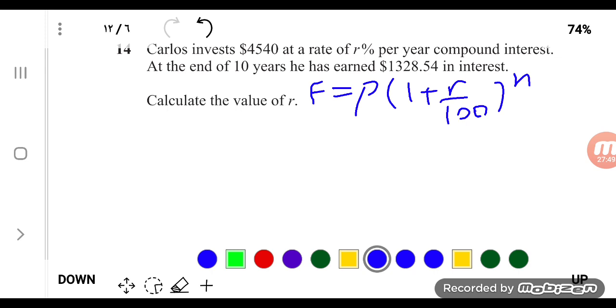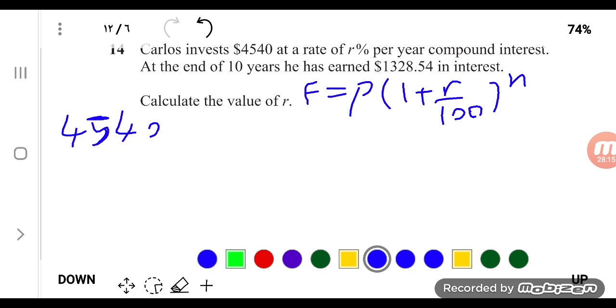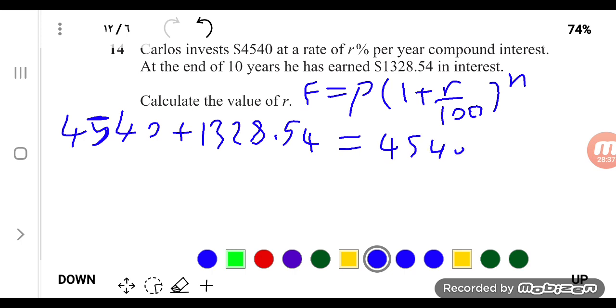So let's see the work. Now F is the final amount, which means 4540 plus 1328.54 equal present value 4540 times 1 plus R, we don't know it, over 100 to the power of number of years, which is 10 years.